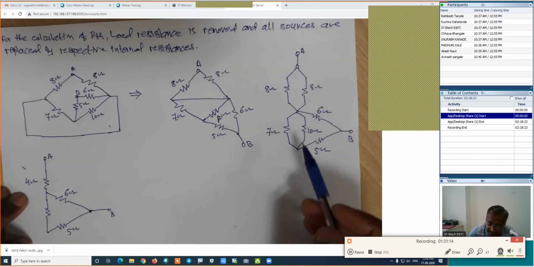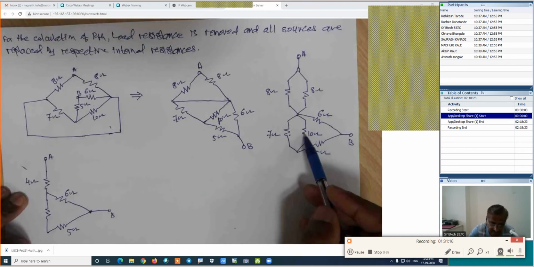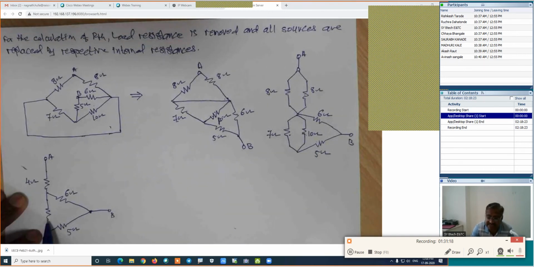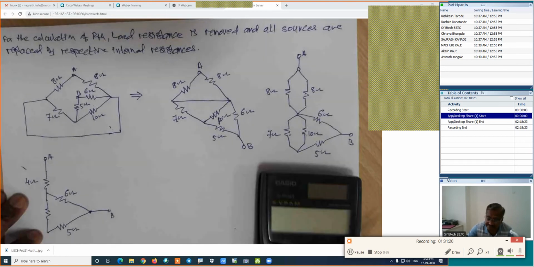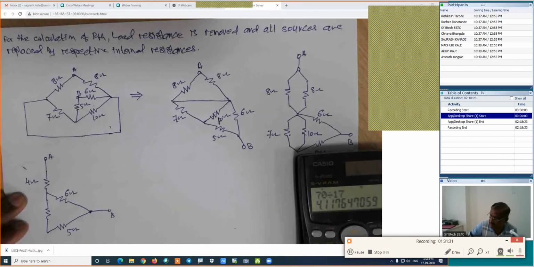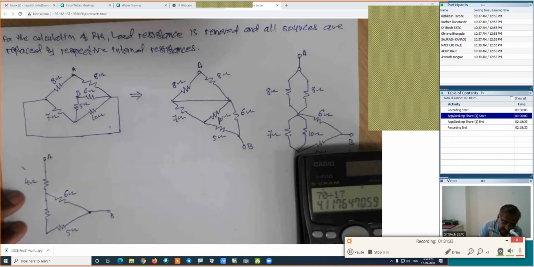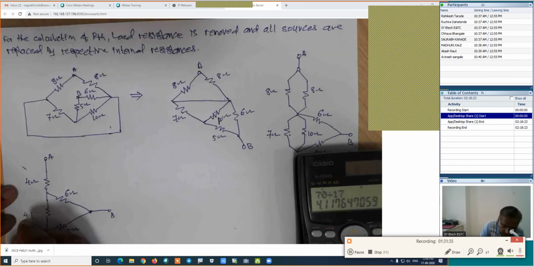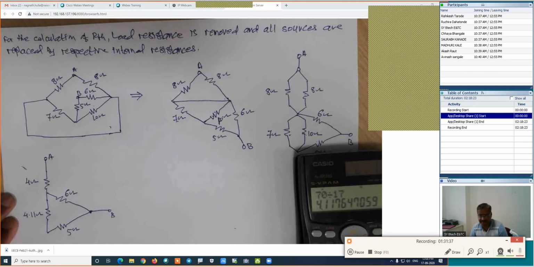Now find out the parallel combination of these two, which I have drawn here. 7 is parallel with the 10. That is 70 divided by 17. How much is the value? I guess 4.11. Is it right? So this value is 4.11 ohm.